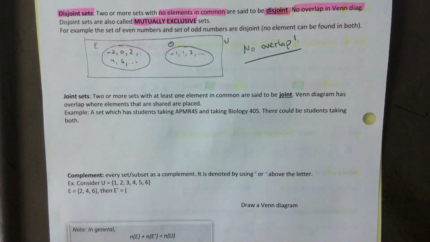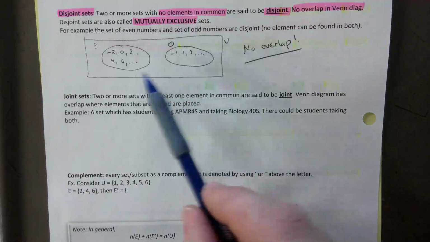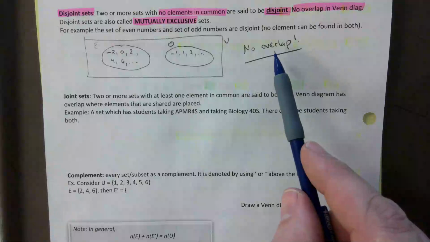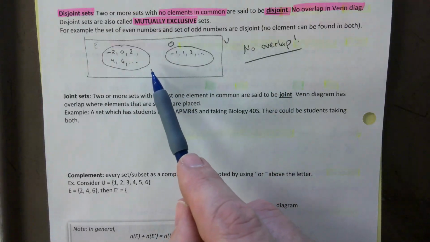So you know just by looking at the Venn diagram, it's very easy. Okay, there's no overlap. They're disjoint.